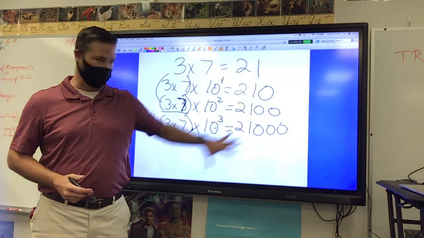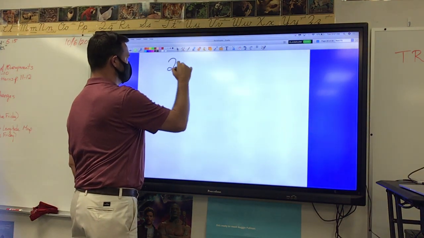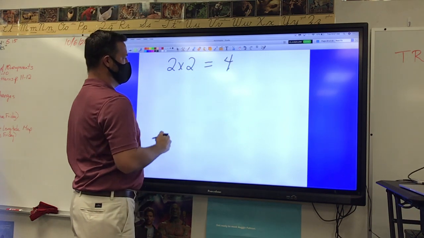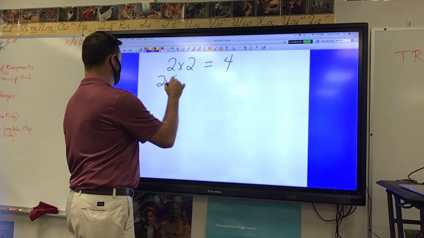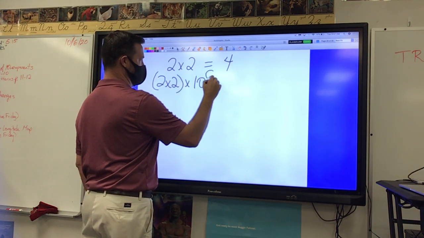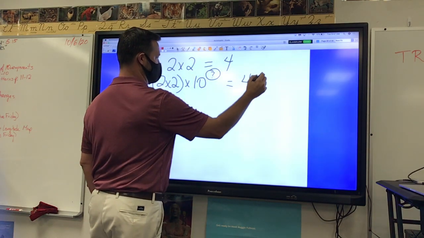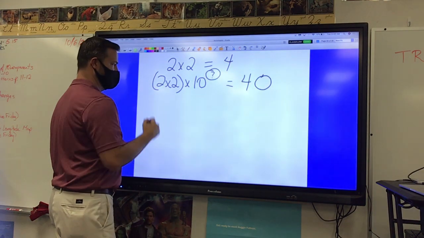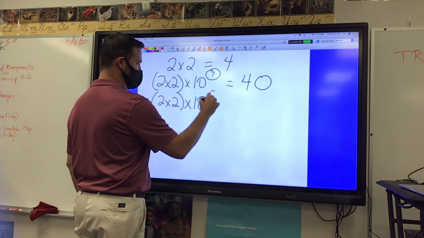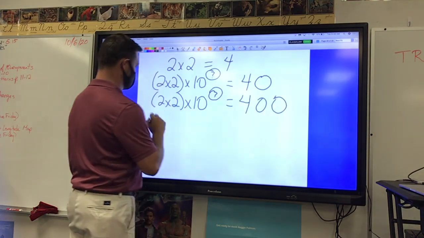So they do it that way. The tricky way is when they do something like this. And then they say, okay, 2 times 2 times 10 to the blank equals this. And then 2 times 2 times 10 to the blank equals this.